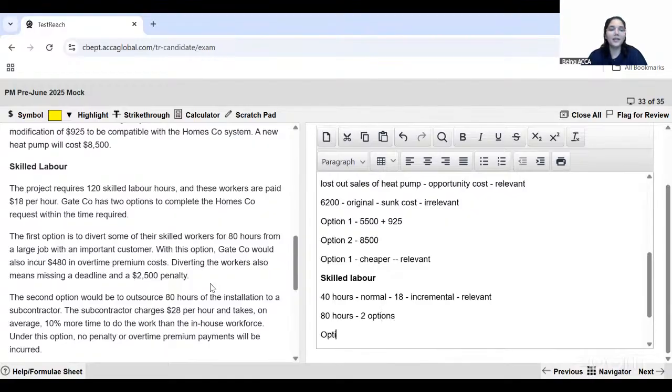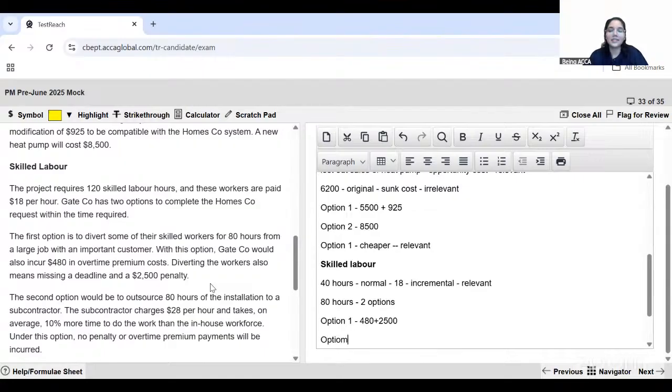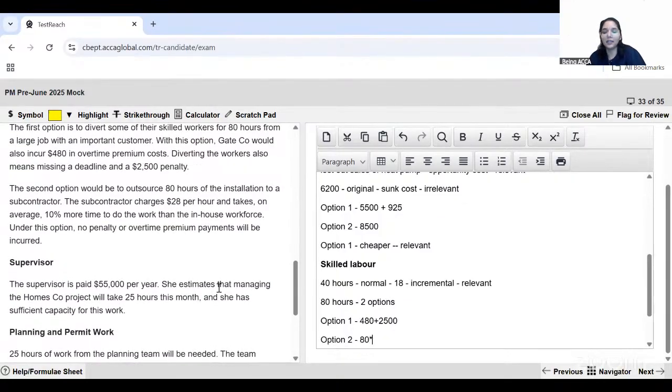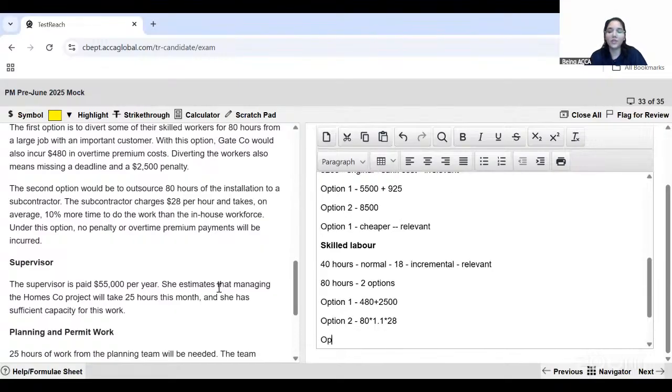Option number one was that you spend 480 plus $2,500. The second choice was to outsource 80 hours at 1.1 into 28. So option two was cheaper. So we go ahead with that, and that cost has been considered as the relevant cost.